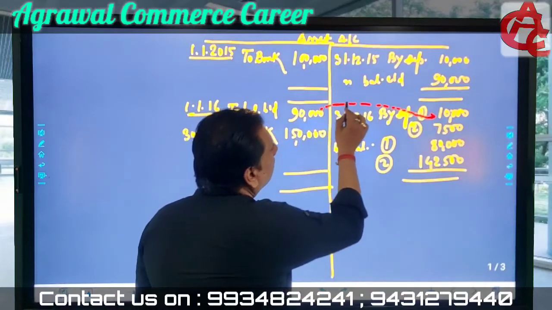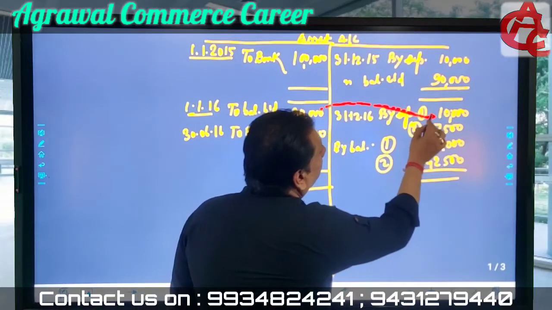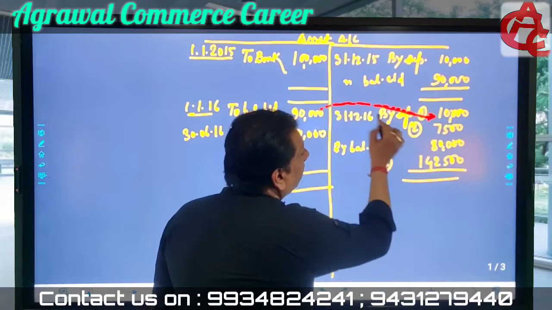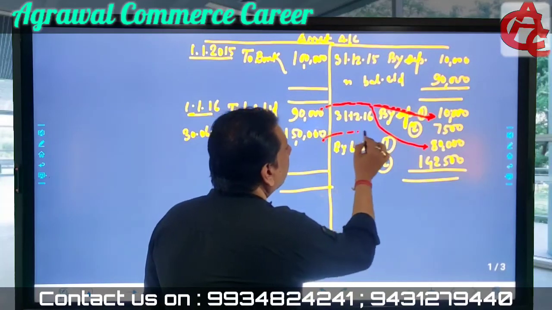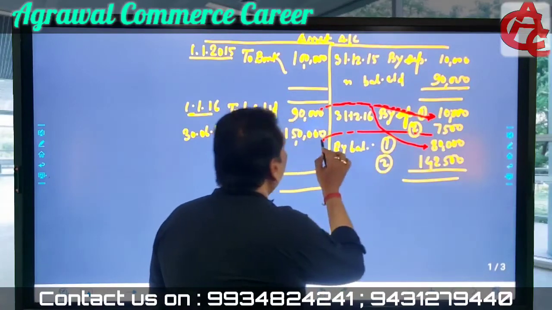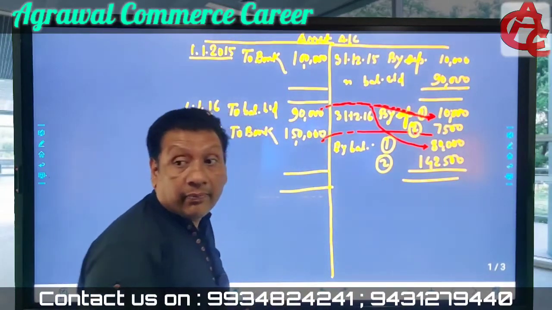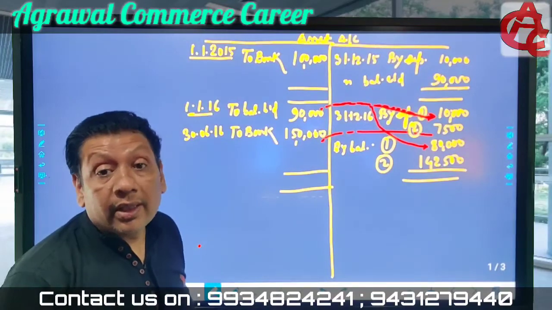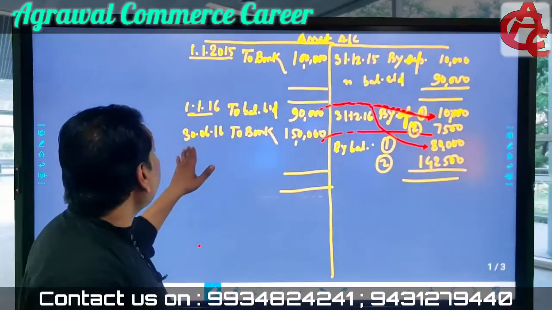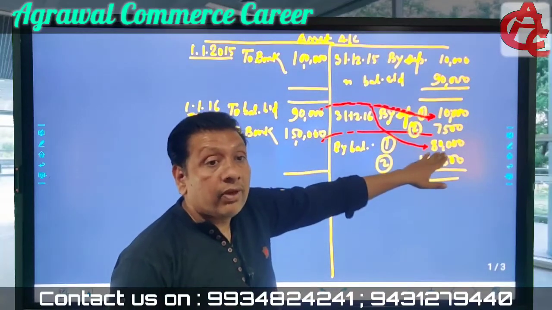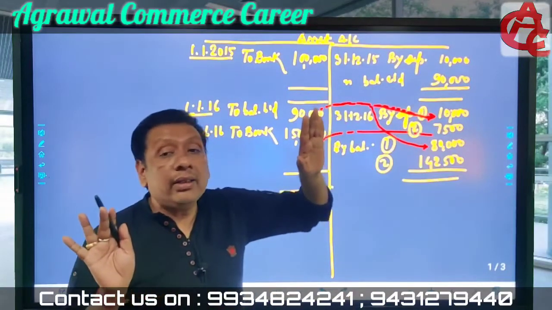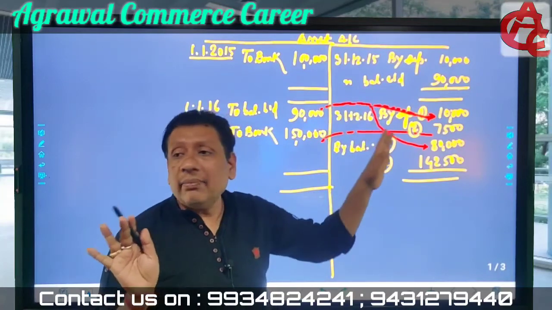So 90,000 minus 10,000, will it be 80,000 or not? And the new asset of 1,50,000 was purchased in the mid of the second year, and depreciation on it will be credited. Are you getting it, my dear? Is it simple or difficult?